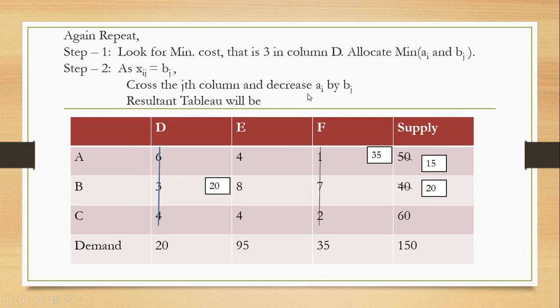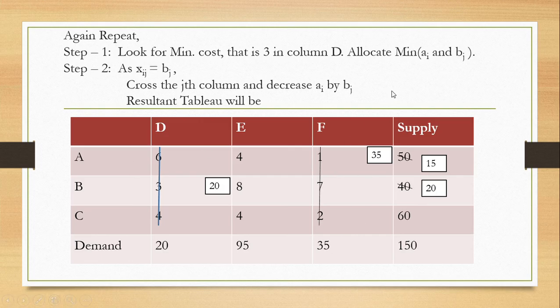Now we will again repeat because not all the unit requirements are satisfied. Again, look for the minimum cost, which was 3 in column D. Allocate the minimum, and the minimum of 20 and 40 is 20. Again, cross off the jth column, and the remaining amount of Ai is reduced by 20. After the second step, we get this resultant table.